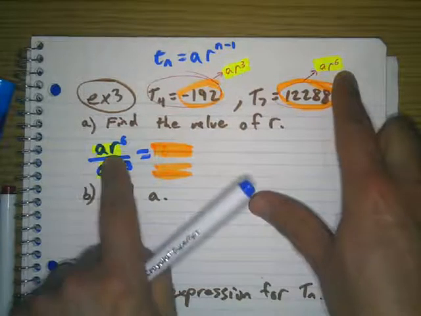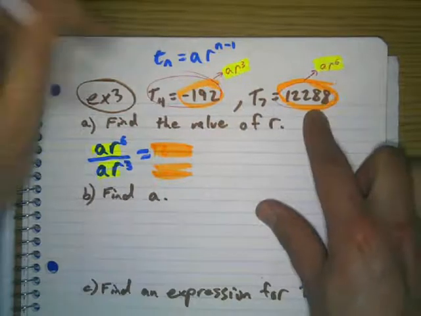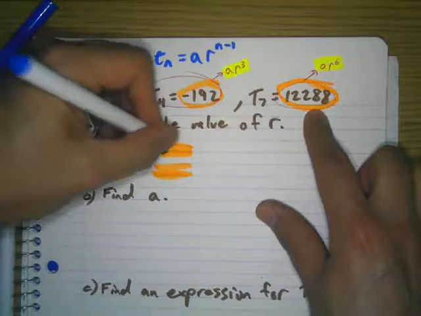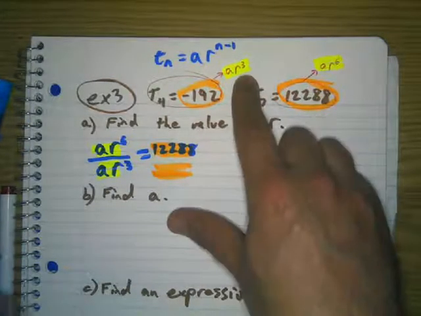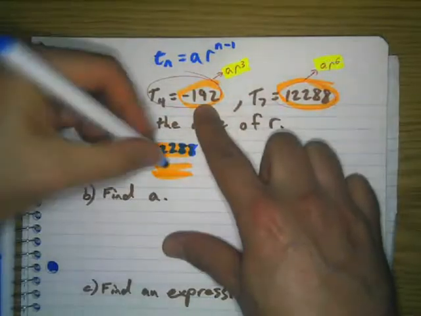A times r to the power of 6 is equal to 12288, and a times r to the power of 3 is equal to negative 192.